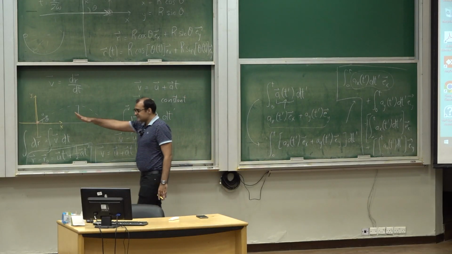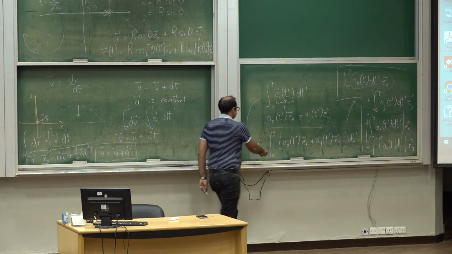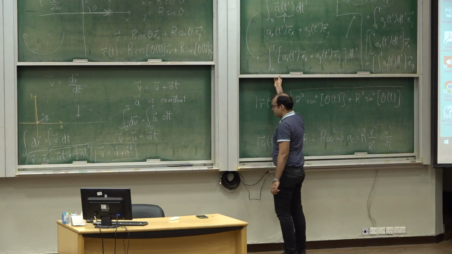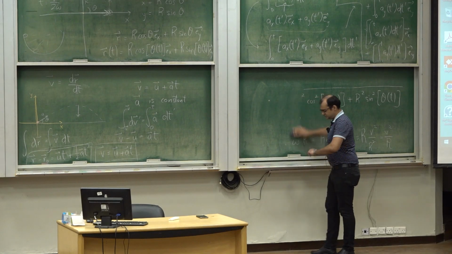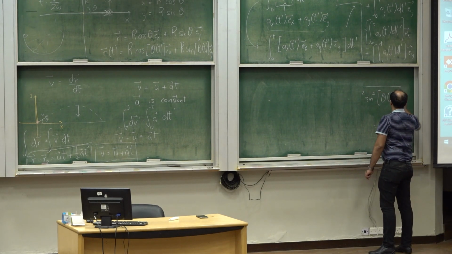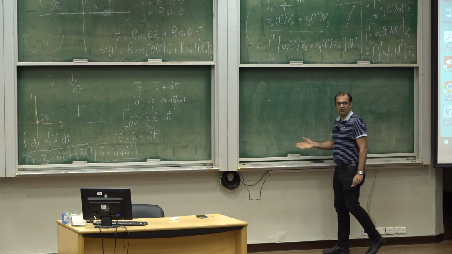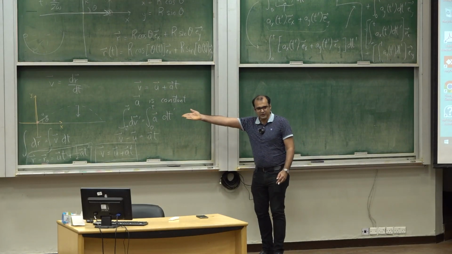Anyway, with this choice of coordinate system, what's your initial velocity vector? Tell me, how do I write down the initial velocity vector? Quickly, in terms of u and theta.